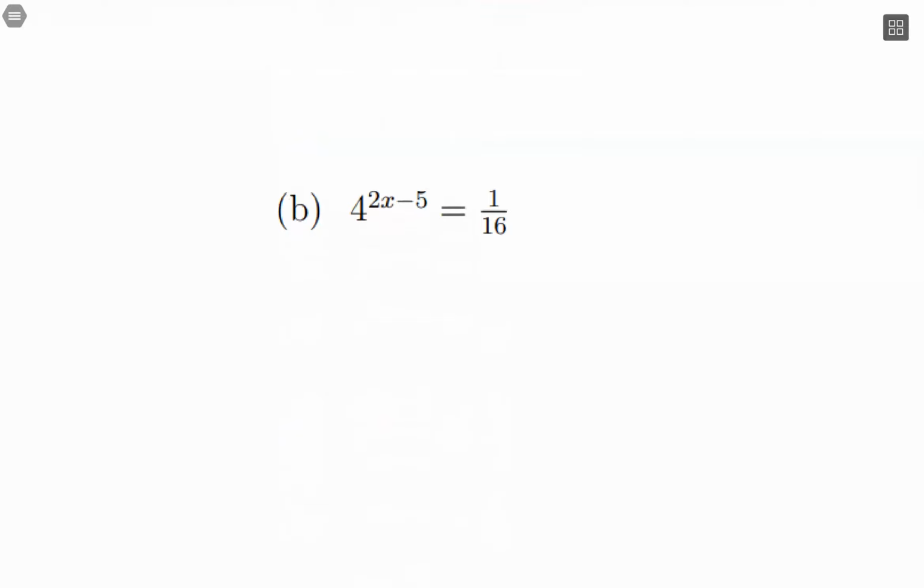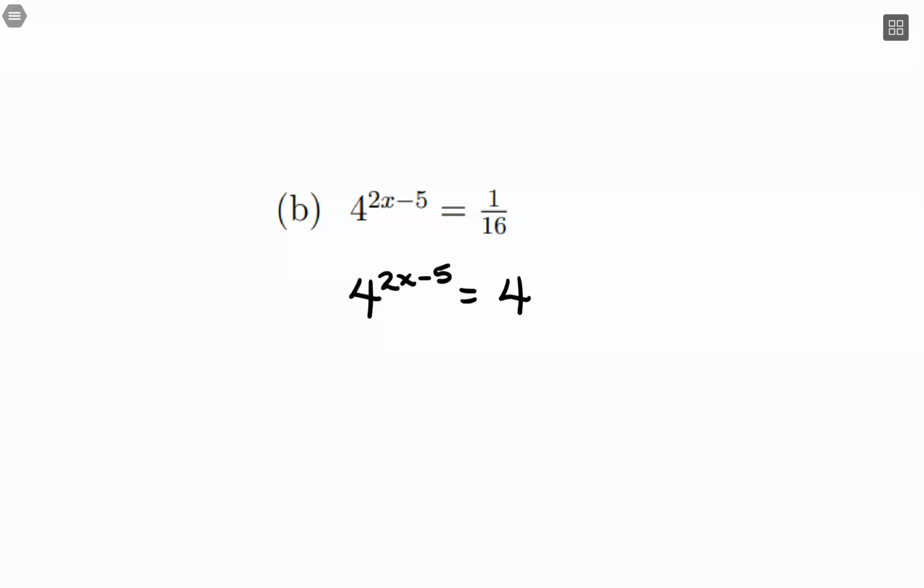So let's look at this case here. We have 4 to the 2x minus 5 equals 1 over 16. So what I'm going to do is try to match the base there. I'm going to keep the left-hand side of the equation the same, but from the 1 over 16, I can express that another way with 4 as a base.